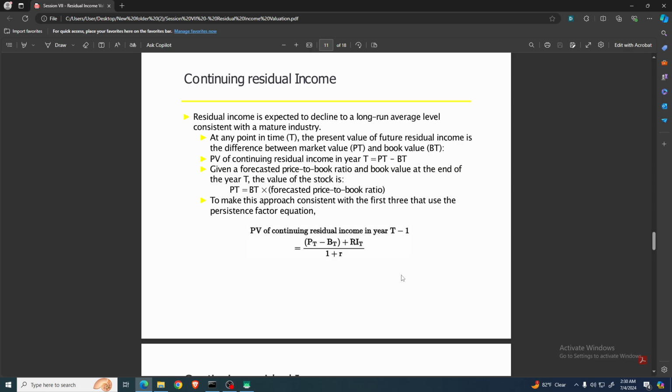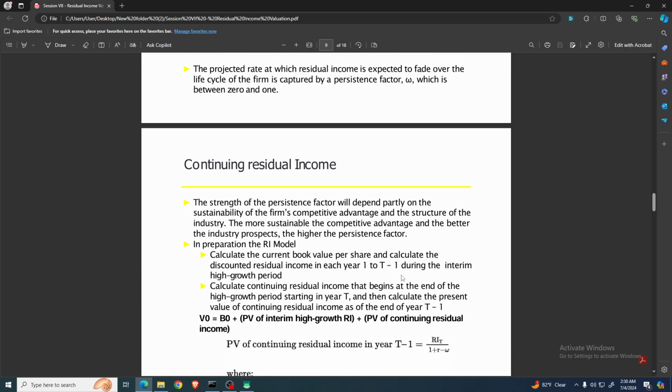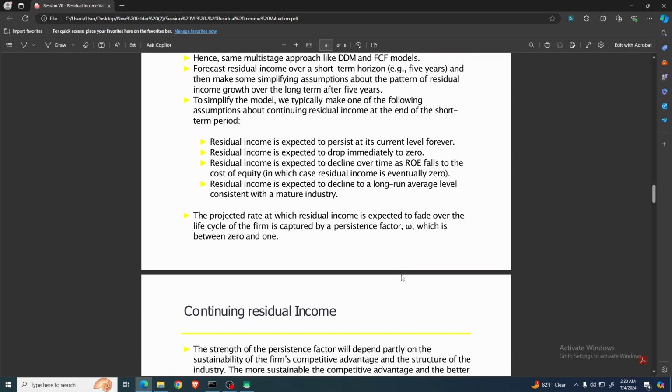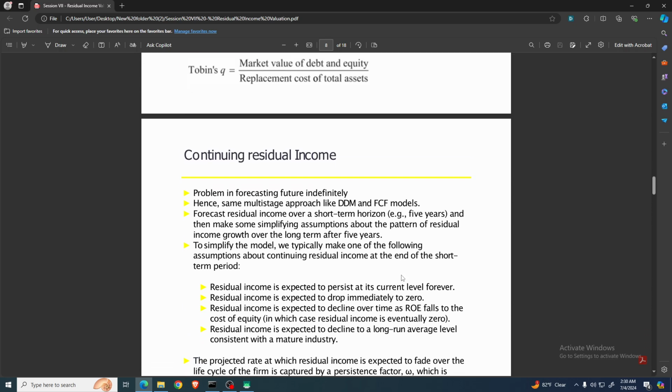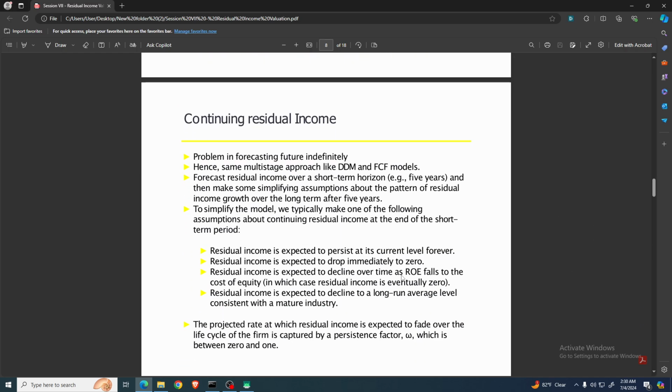All right. So we have discussed a somewhat complex scenario, right? We started off with understanding the fundamental determinants of residual income. Then we focused on the problem of forecasting into the future indefinitely and how multi-stage approaches can be used.